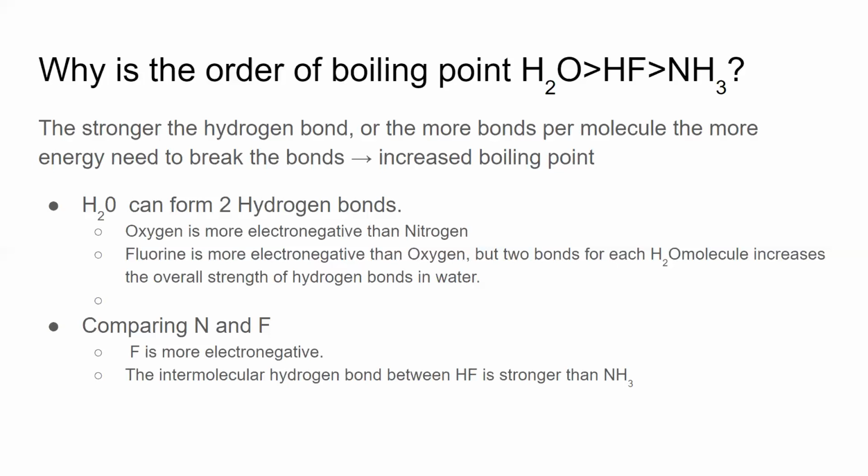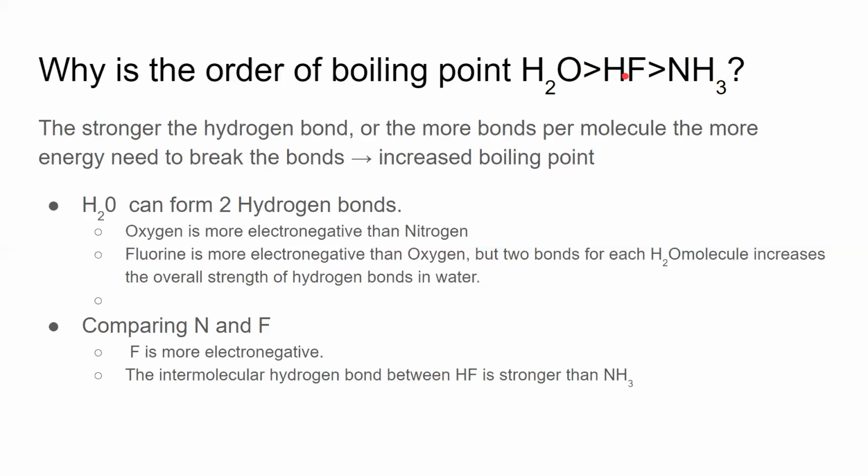Now if we compare our HF to our ammonia, fluorine is much more electronegative than nitrogen, so we have a stronger bond between HF than with the nitrogen. And you may say, oh, well, I have three hydrogens here, but in reality the nitrogen only has one single lone pair, whereas oxygen has two lone pairs. So really each one of these can only form one hydrogen bond.